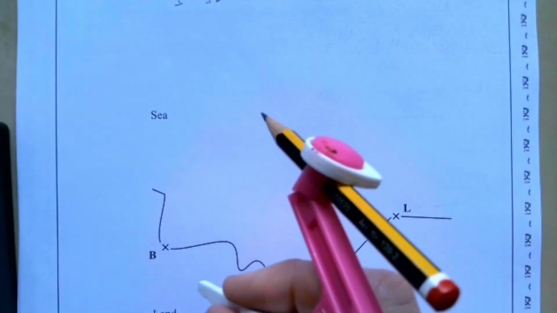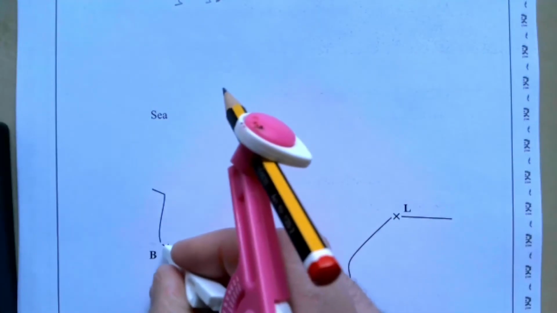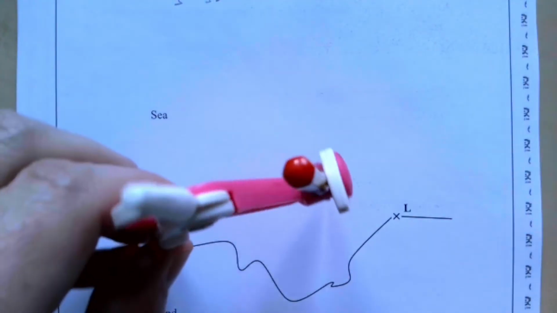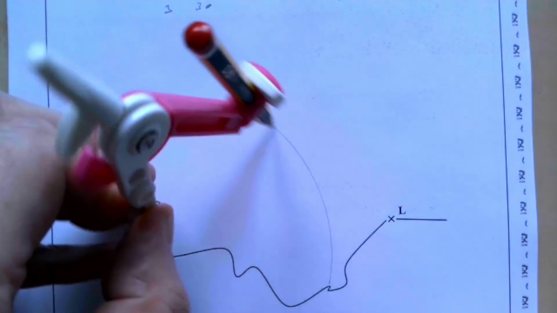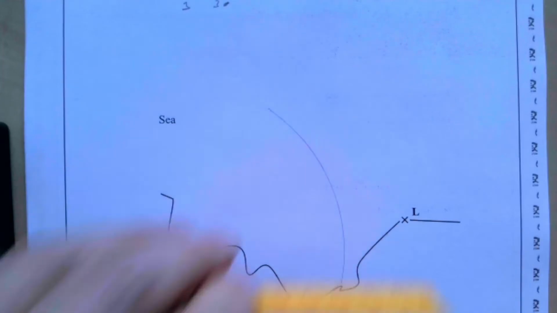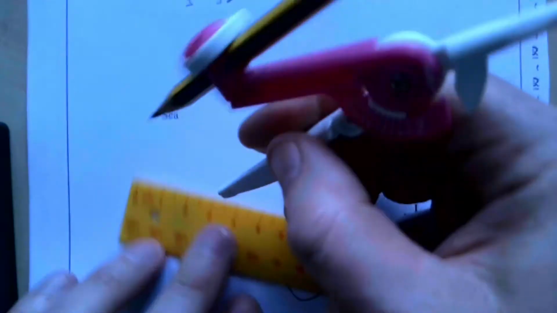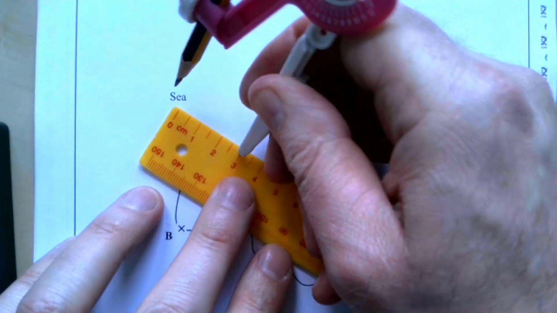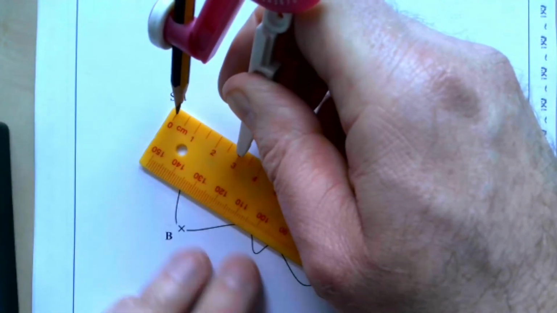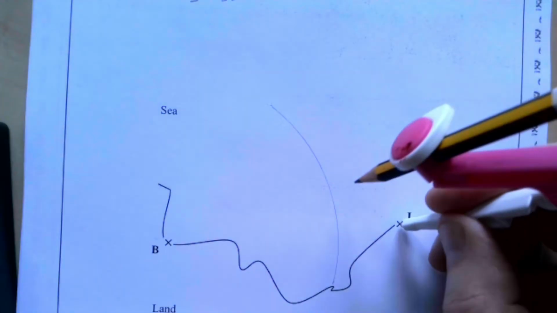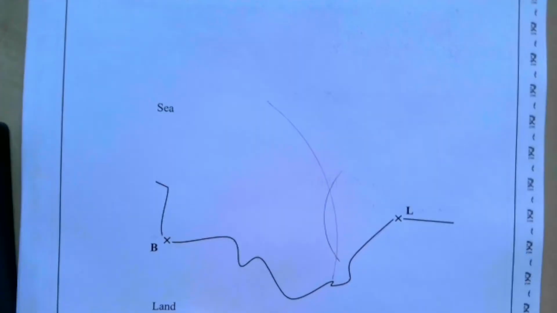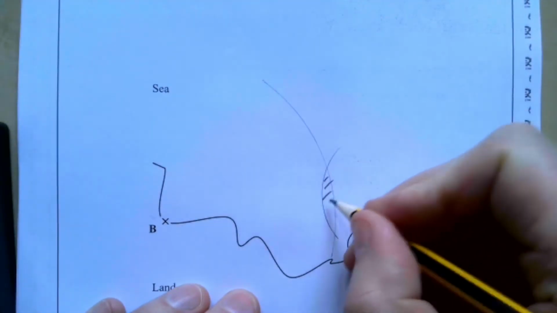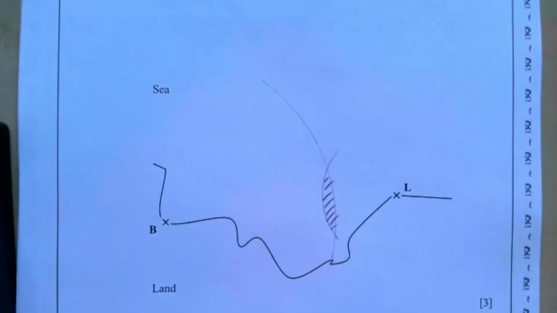So from B, less than 70, I'm going to mark that off there like that, and then 30 from L, and so we have that. And so my shape is going to be there. So it has to be somewhere in this little region here. And that's us for that.